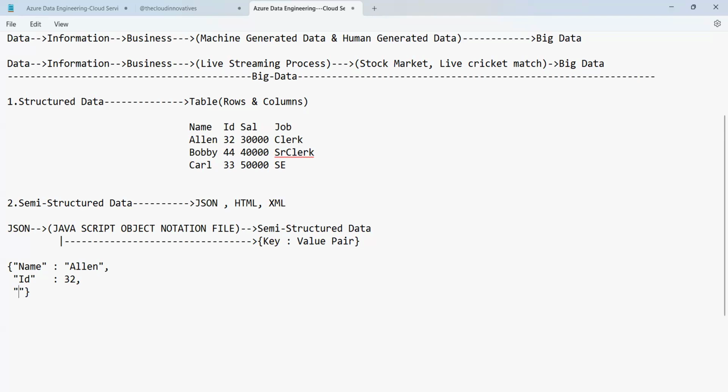Then again you have salary, which I'm using as 30,000. See, numeric data will not be kept under quotes here.